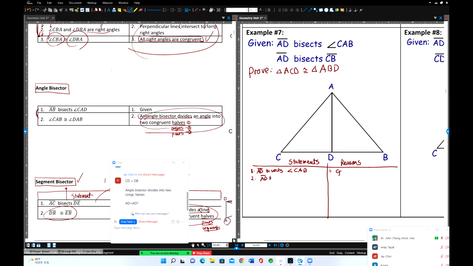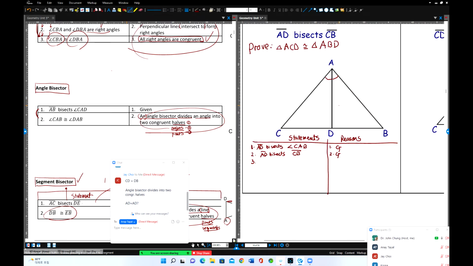AD bisect BC. Yeah, from 1 these 2 angles are congruent, right? Because that is the angle bisector. So you can say angle CAD congruent angle BAD, this angle, right? This angle.